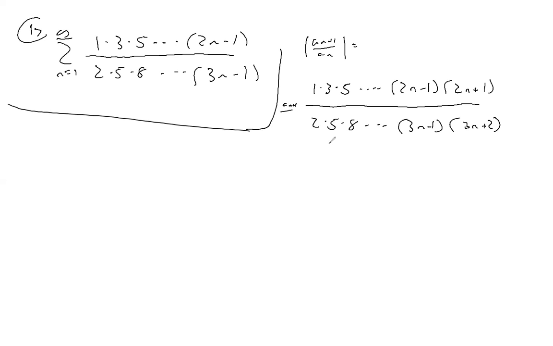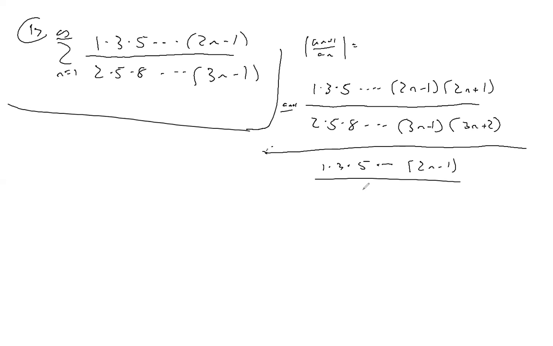And then I want to divide by an, which would be 1 times 3 times 5 to 2n minus 1 over 2 times 5 times 8, 3n minus 1. Okay, so what cancels? Remember, I could multiply by the reciprocal, right?